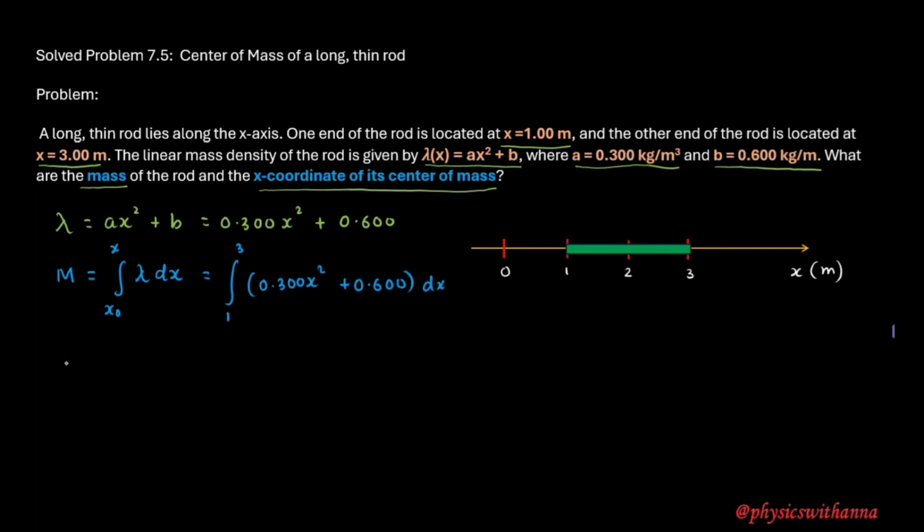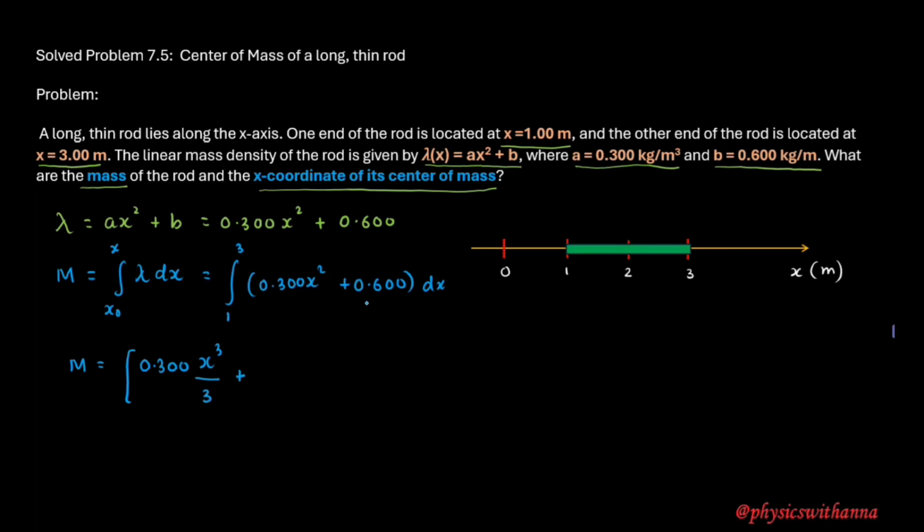Then we integrate the terms. We get M equals, since 0.3 is a constant, we keep it as it is. When you perform integration, you increase the power of x by 1. So x to the power 2 here will become x to the power 3, and then we divide by the new power, which is 3.